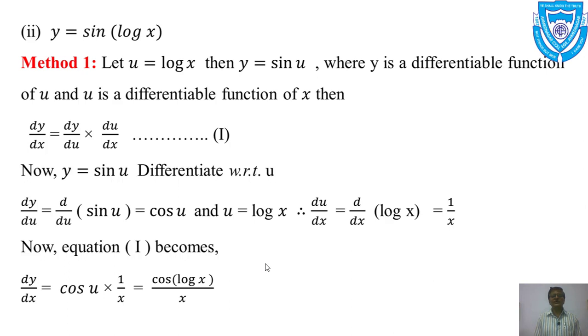We differentiate it with respect to u and we get dy by du is equal to cos u. Now u is equal to log x. The derivative of log x is 1 upon x, so du by dx is 1 upon x. Now equation 1 becomes dy by dx is equal to cos u into 1 upon x. Now in place of u we rewrite log x and we get the answer cos of log x upon x.